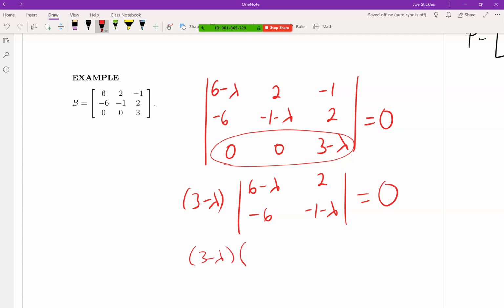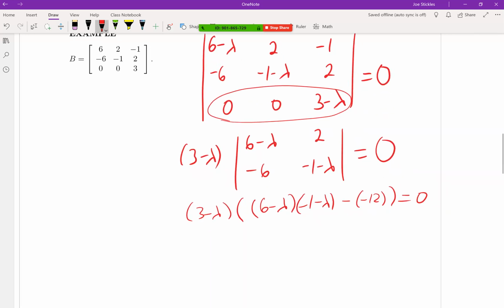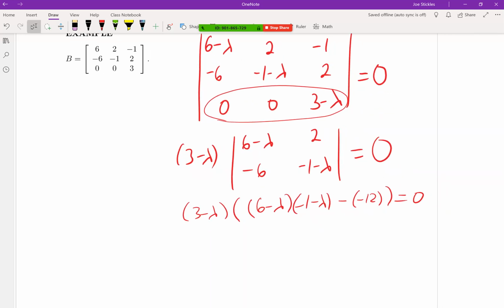And then when we do the determinant here, since it's a 2 by 2, that makes life much simpler. So I have that 6 minus lambda times negative 1 minus lambda, and then minus a minus 12. I've already got the 3 minus lambda out in front as a factor.